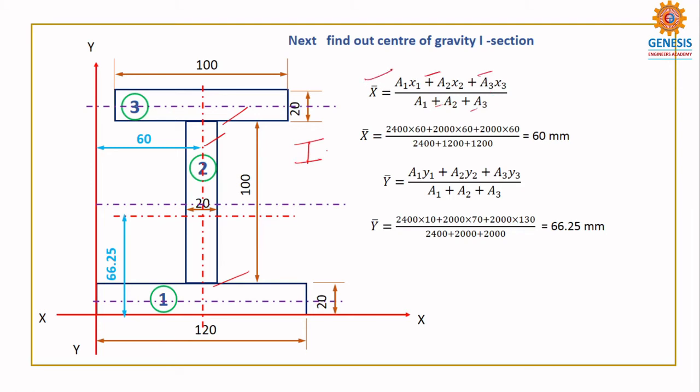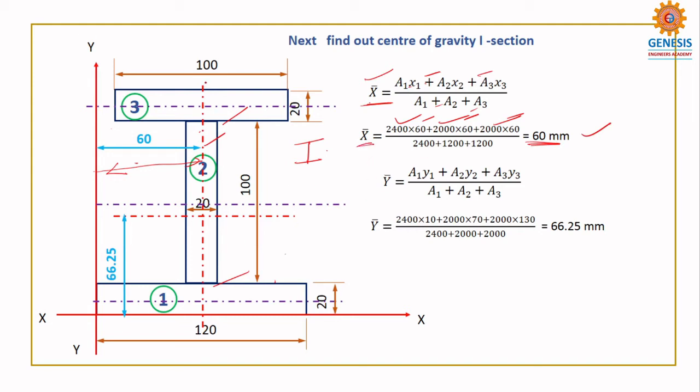So x bar is the centroidal axis, that is the centroid from the y axis. The x coordinate is measured from the y axis, and the y coordinate is from the x axis. So I have A1 x1, A2 x2, A3 x3. All are having 60. That is why I can call it symmetric, because all the sections have the same x coordinate as the composite section.